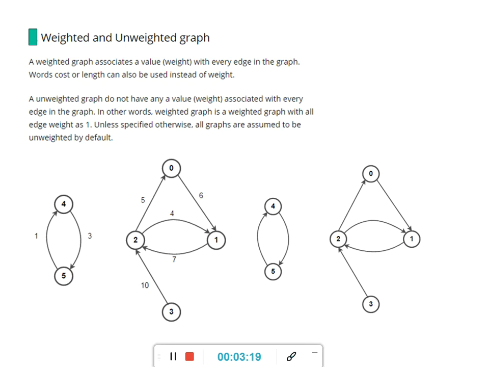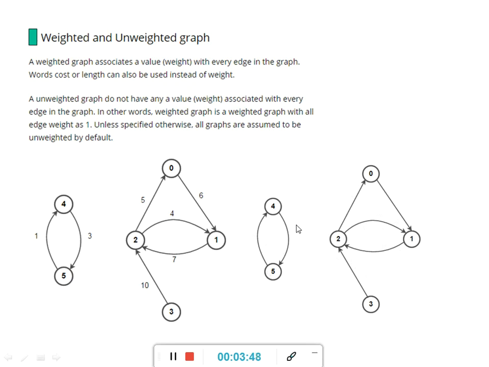Now coming to the weighted graph and unweighted graph. In a weighted graph, the edges are represented with some values. We call these values weights, or in some cases cost or length of the edge. So this is an unweighted graph, which doesn't have any weights for the edges.